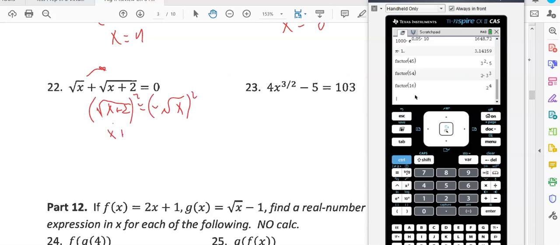And so we get x plus 2 equals x. Subtract x, I get 2 equals 0, which is not true. There is no solution. So that actually didn't surprise me. Just the way that problem was playing out with squaring a negative, I was thinking it might not work anyway. It might have been extraneous.